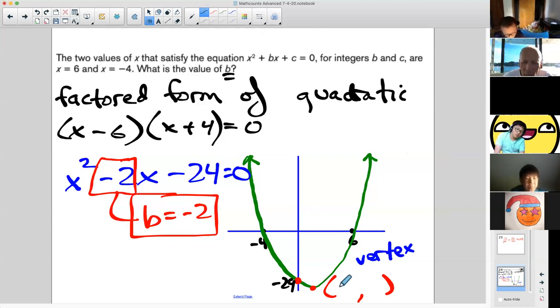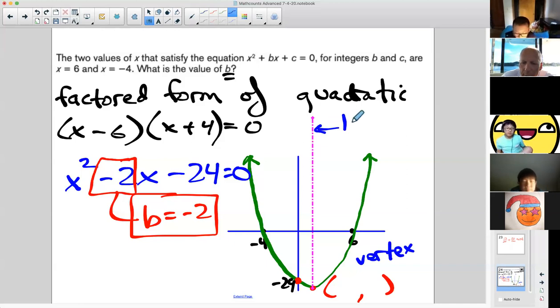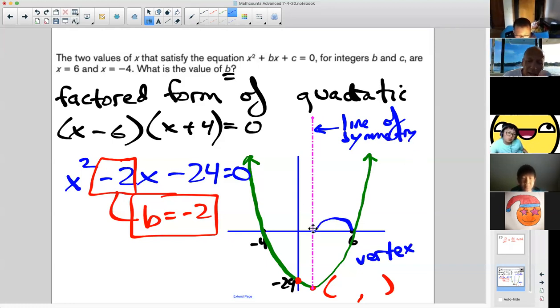Guys, you know what the x value is, right? And remember, Ethan, you and I have talked about this. This is called the line of symmetry, and you know the line of symmetry is halfway between the solutions. What's halfway between 6 and -4? 1.